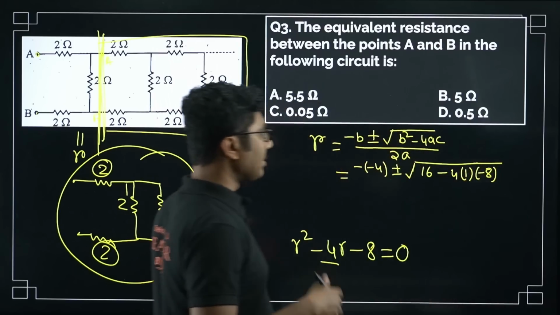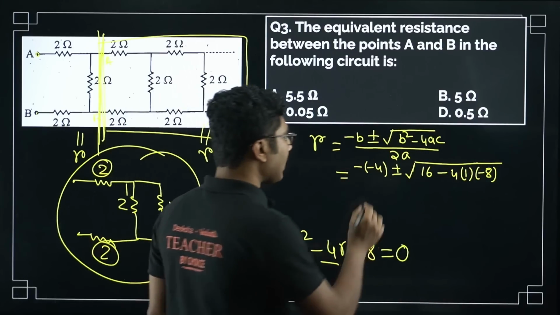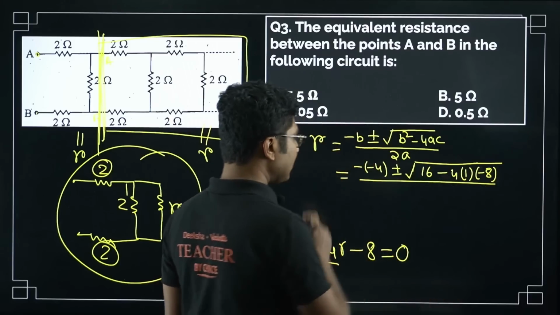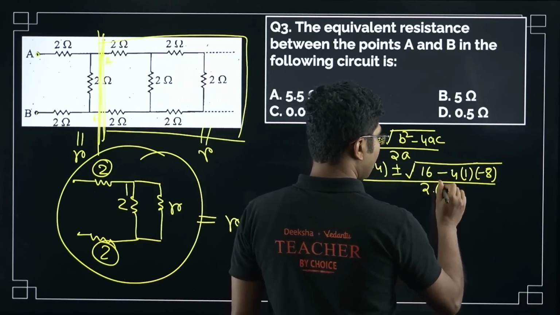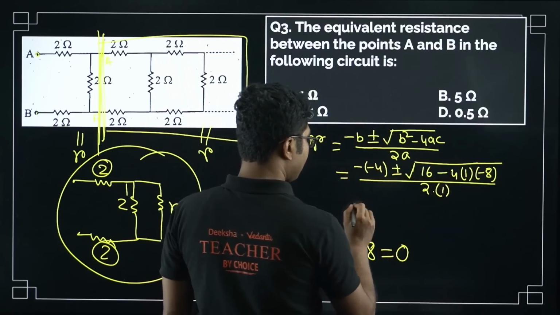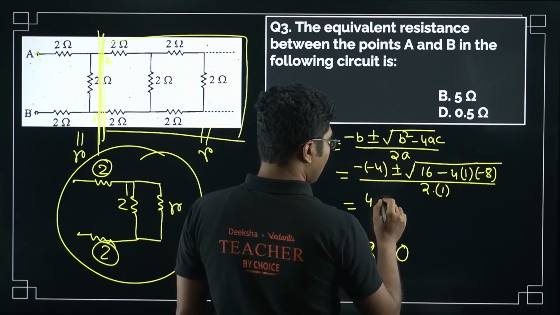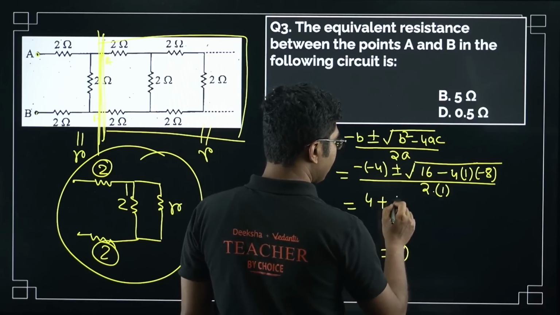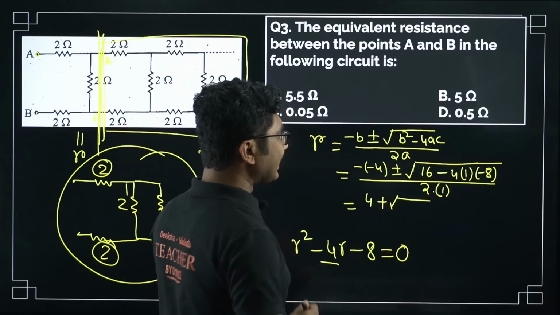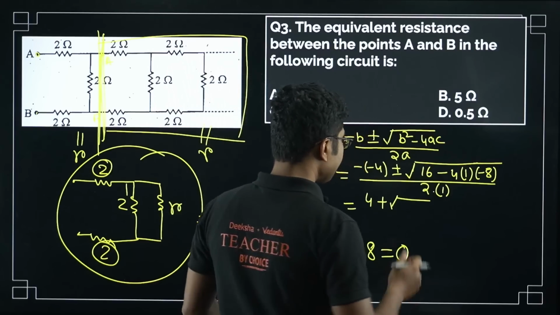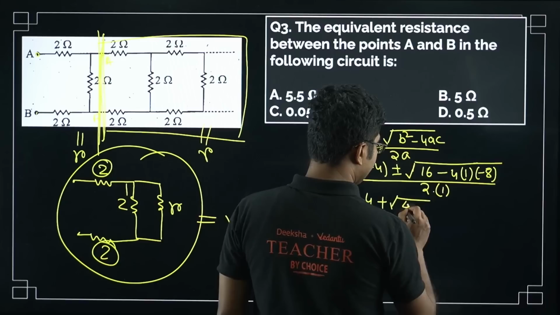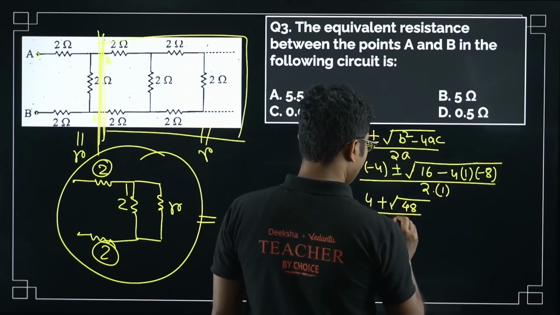Obviously the negative option comes out smaller, so we will not consider the negative value here. We will only consider the positive value. 2a is only 2 into 1. Now minus minus 4 gives plus 4, and as I said, we will consider only the plus value. So 16 plus 32 is 48, divided by 2.